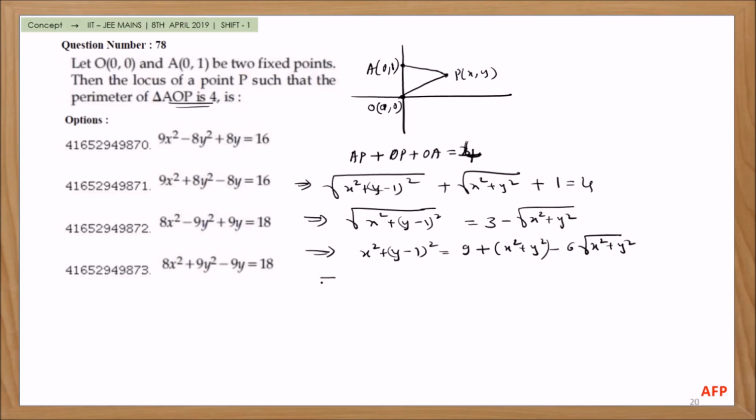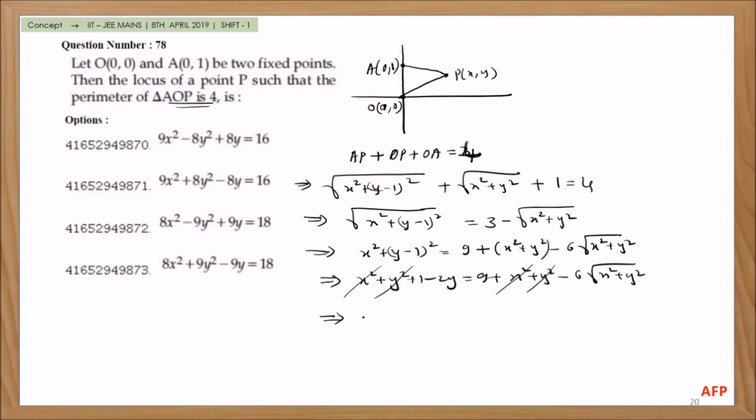So you can expand this: 1 minus 2y plus x square plus y square. Okay, write it as it is. And you can do the cancellation, bring this 9 to the other side.